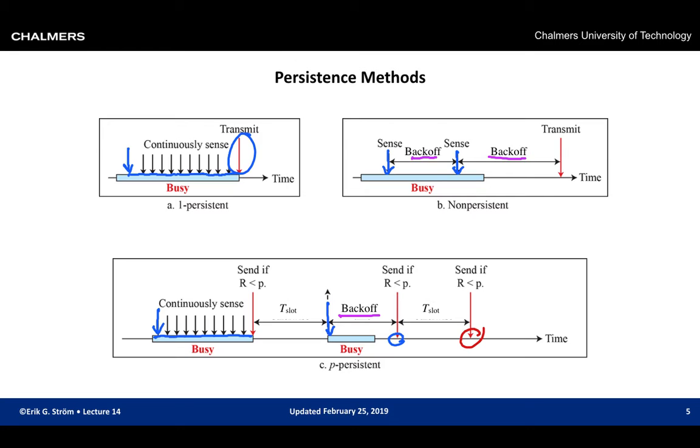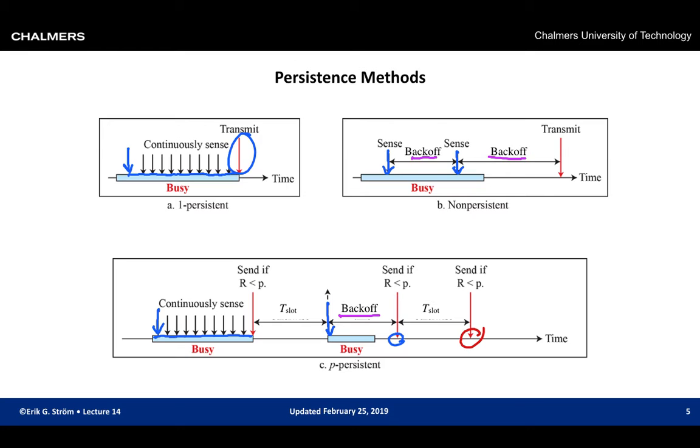Think about what you do when you have a normal conversation with somebody. You listen as you talk, right? When you detect that you are talking at the same time as some other person, you can quit talking. That's called carrier sensing with collision detection.